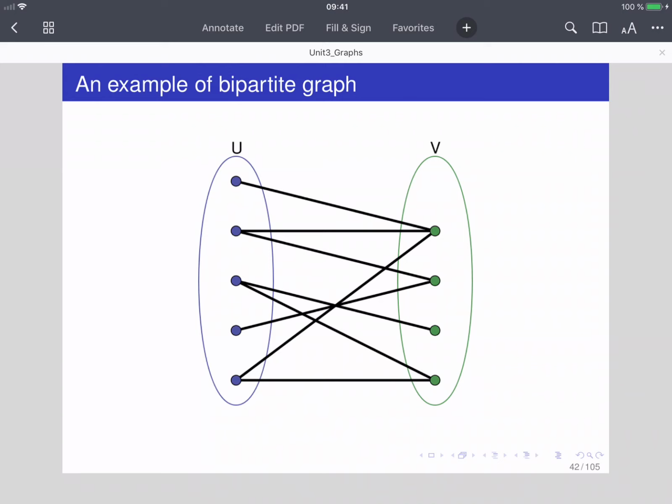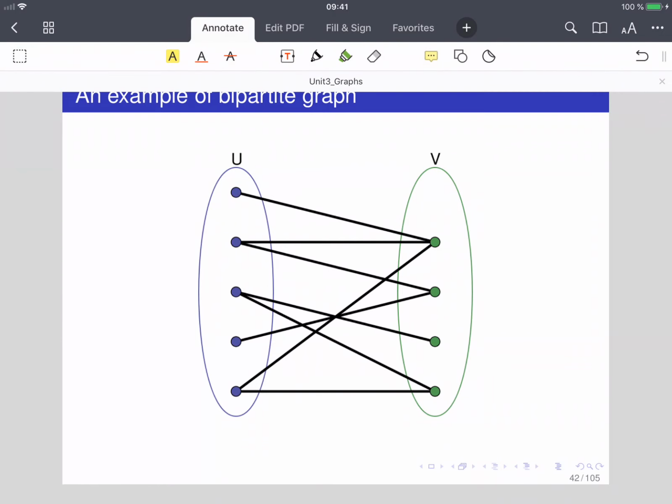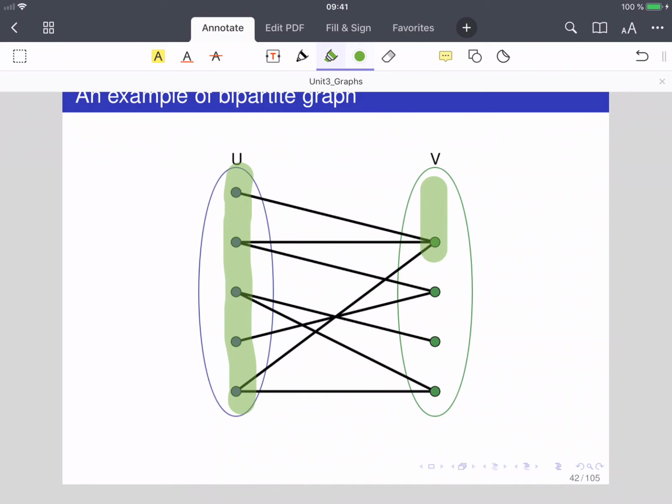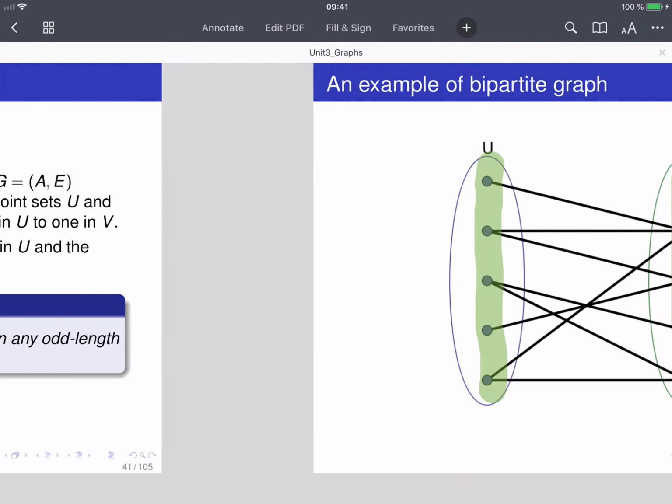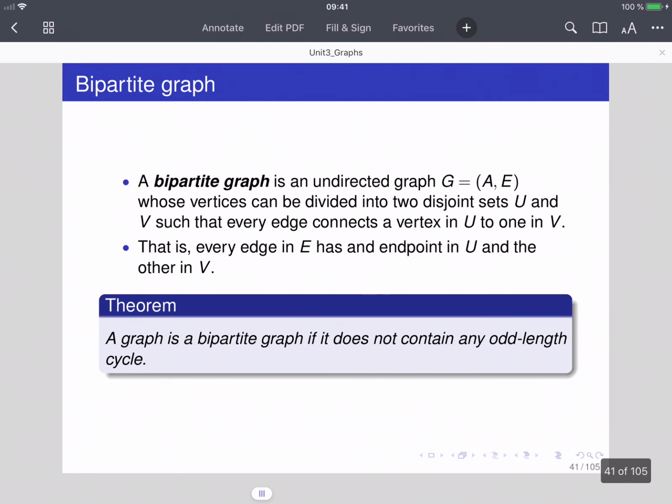Okay, so when we have the elements in U, you can see here that there are no edges connecting two vertices in the same part, no edges connecting vertices in U, no edges connecting vertices in V. Okay, so this is the general definition of a bipartite graph.